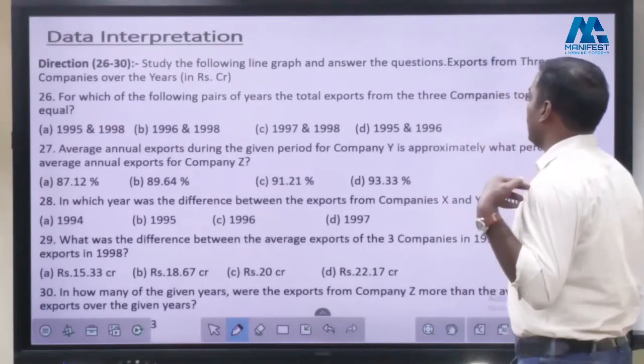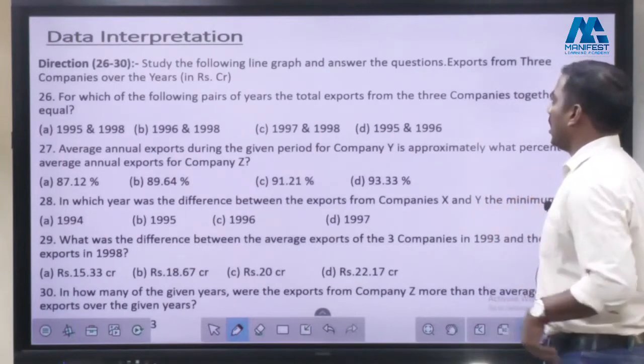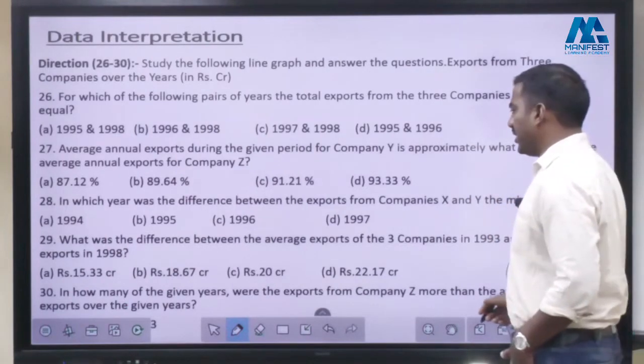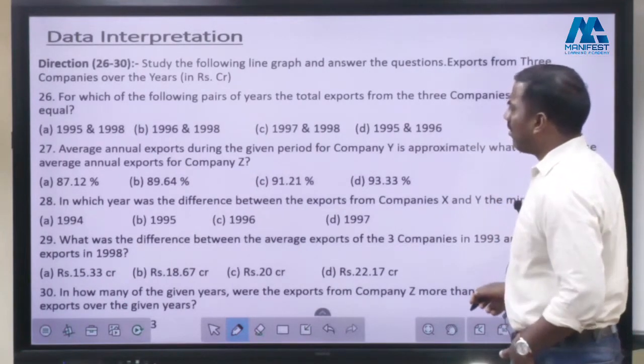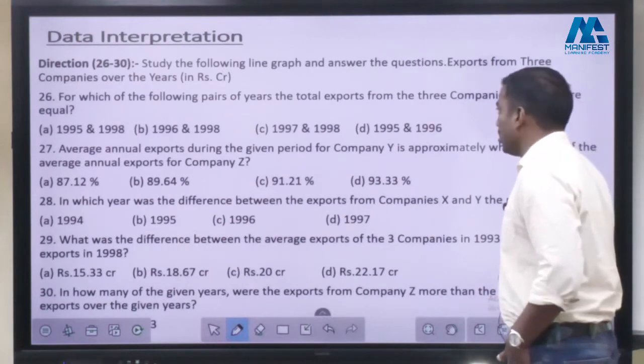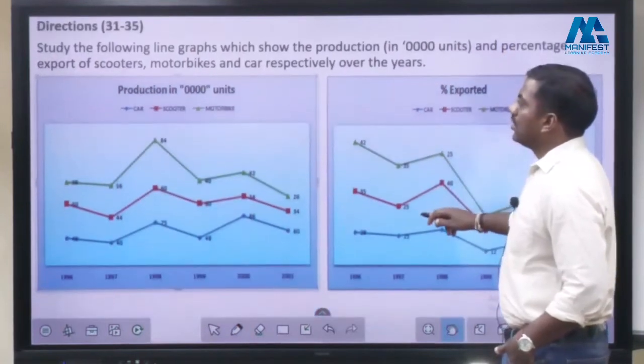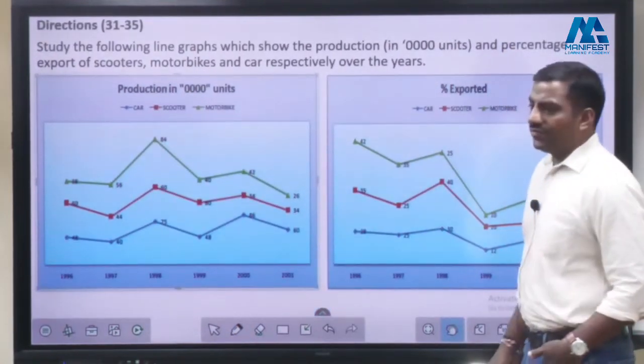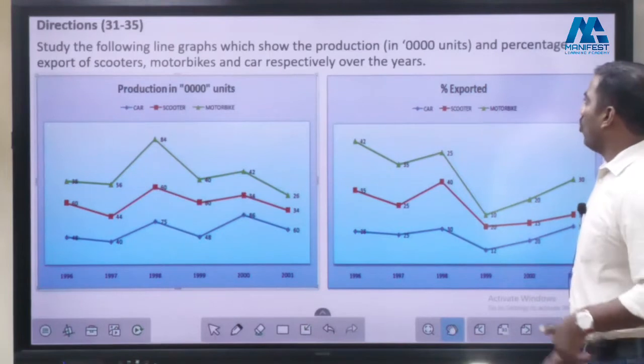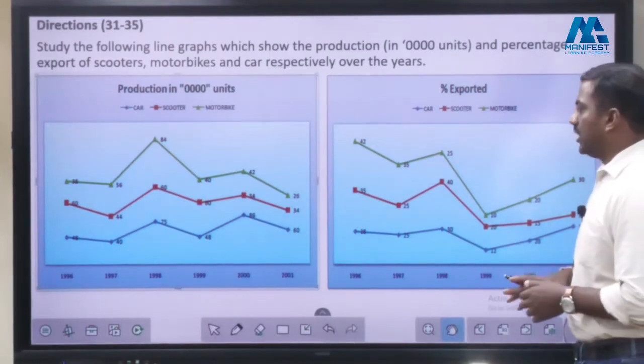Study the following line graphs which show production in 1000 units.